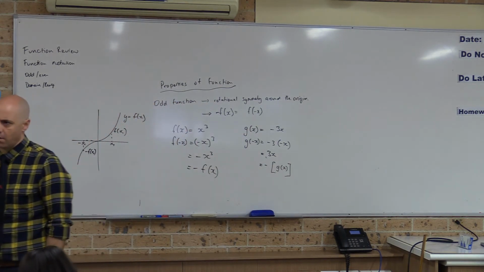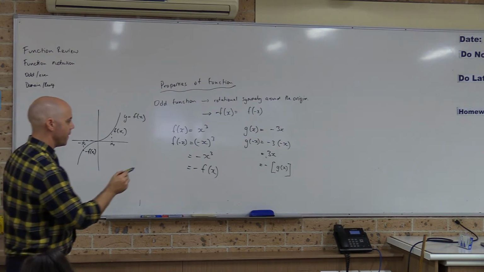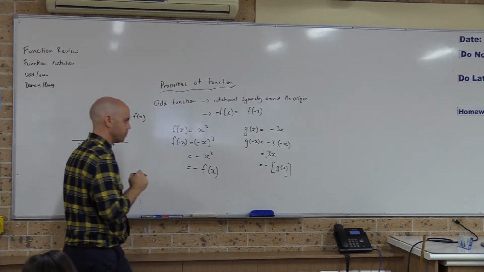Can you see how 3x is the negative of negative 3x? Like a double negative on it. Okay? That is an odd function.